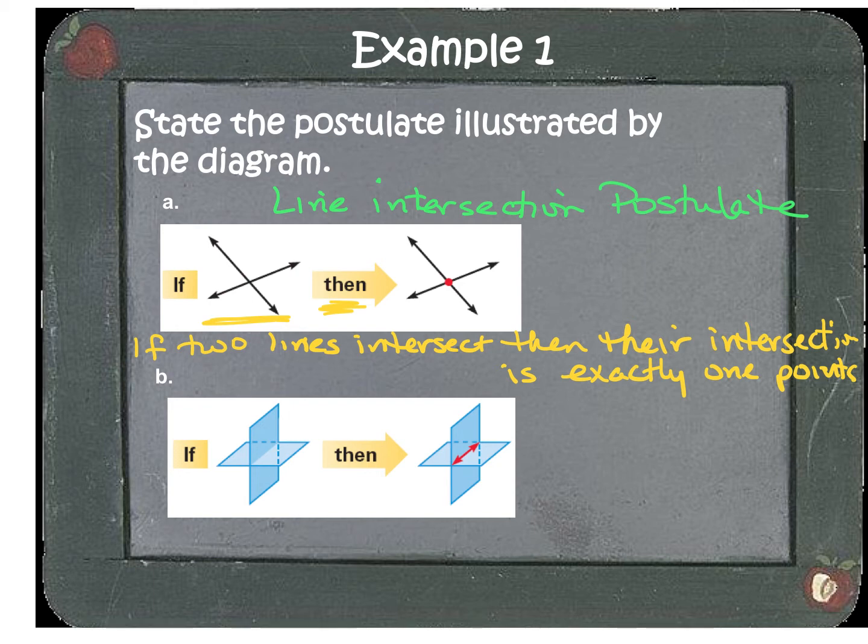Picture B, got a picture of two planes, and then after the word then, notice what's highlighted in red, and then this should be a clue that they're talking about the intersection, which is a line. So this is going to be the plane intersection postulate.